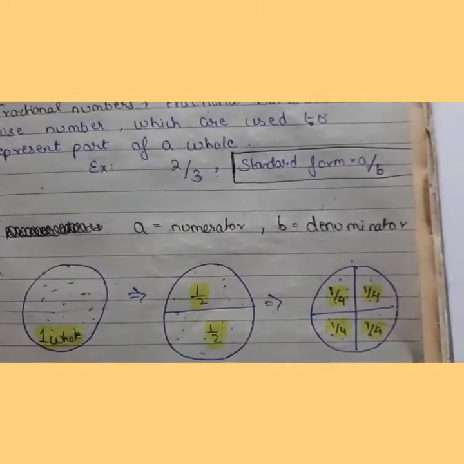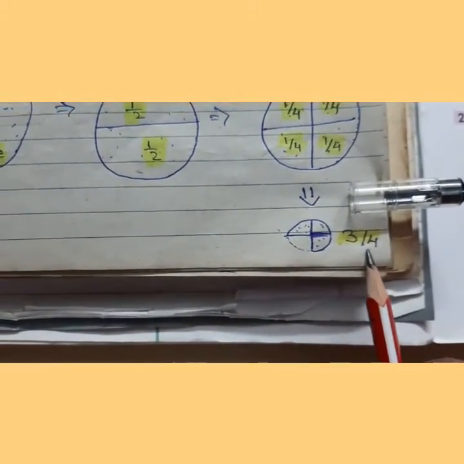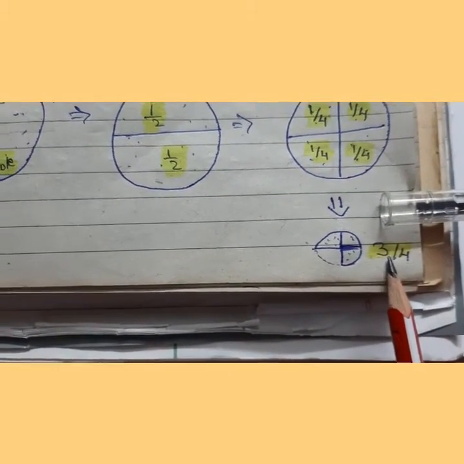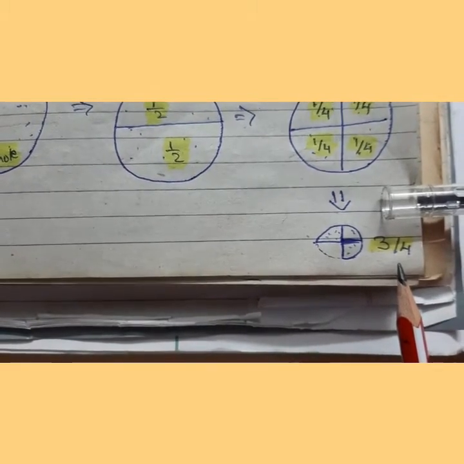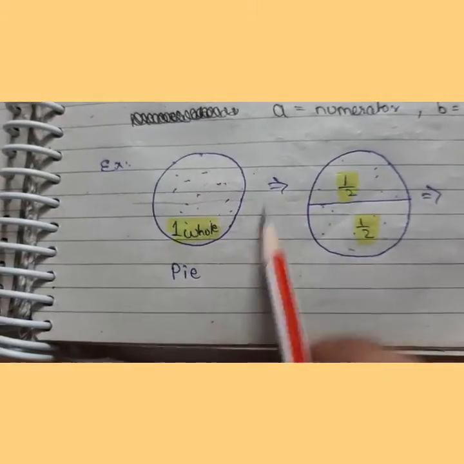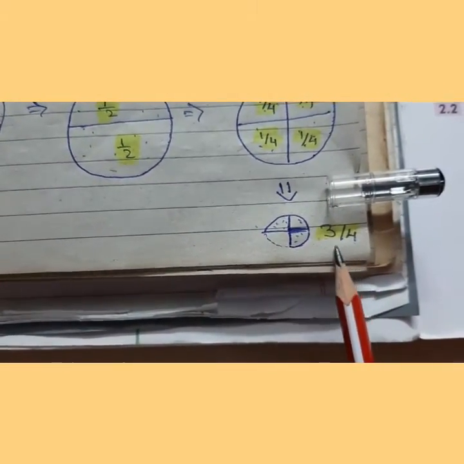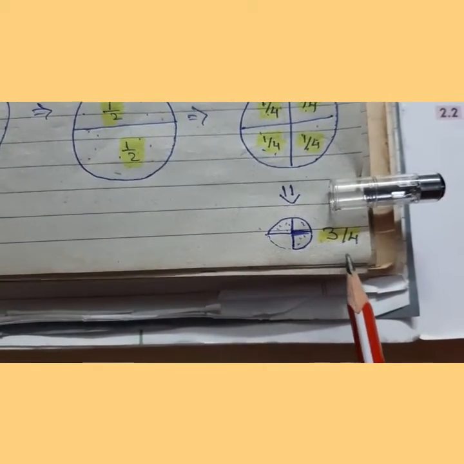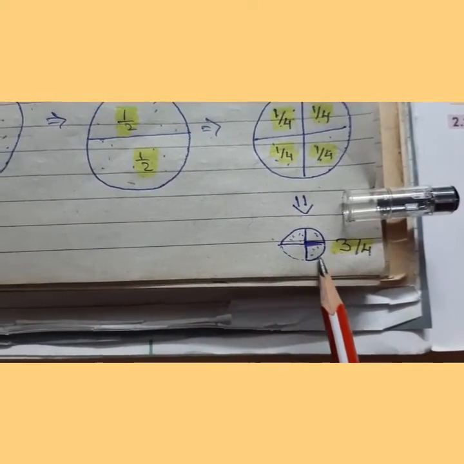Like, see, this is a pie. It's written 3 upon 4. In the denominator it is written 4, and in the numerator it is written 3. Now what I just told, the denominator tells you the number of equal parts in which something is divided. This whole pie is equally divided into 4 parts. That's why 4 is written in the denominator. Now it is written 3 upon 4. Why?